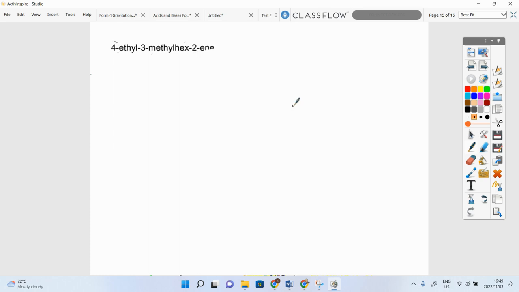Okay, so 3 ethyl. So again, you need to decide how many carbons in your main chain. How many carbons will hex tell you to draw? 6. So you do that first: 1, 2, 3, 4, 5, 6.